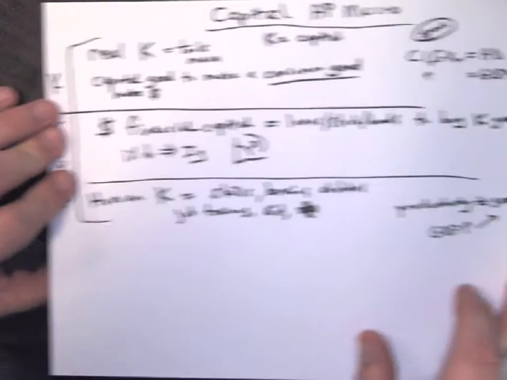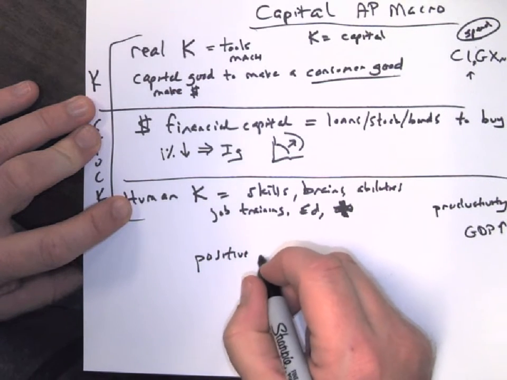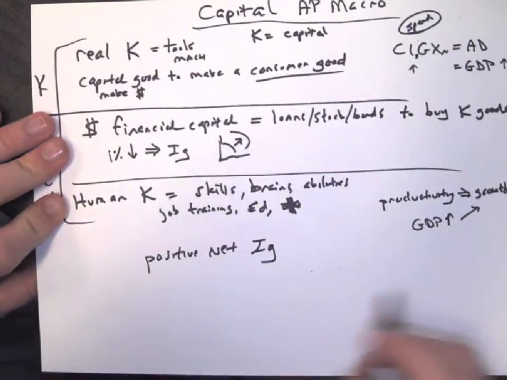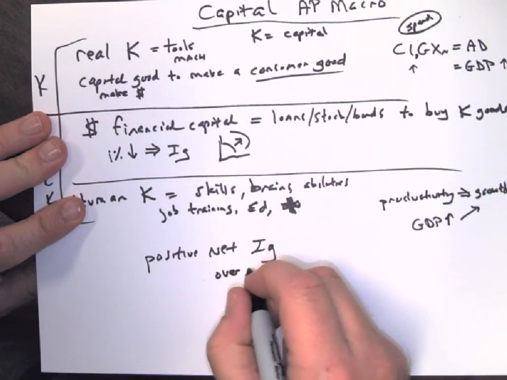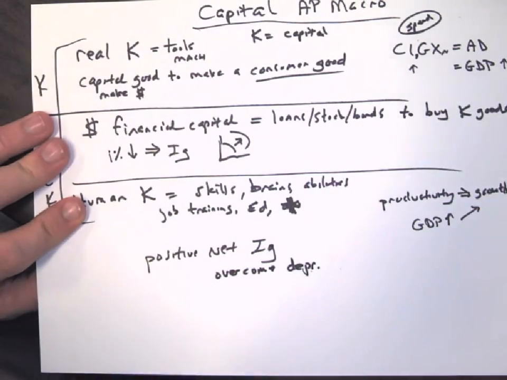Now, if we want to have a positive net investment, that means we have to overcome depreciation.